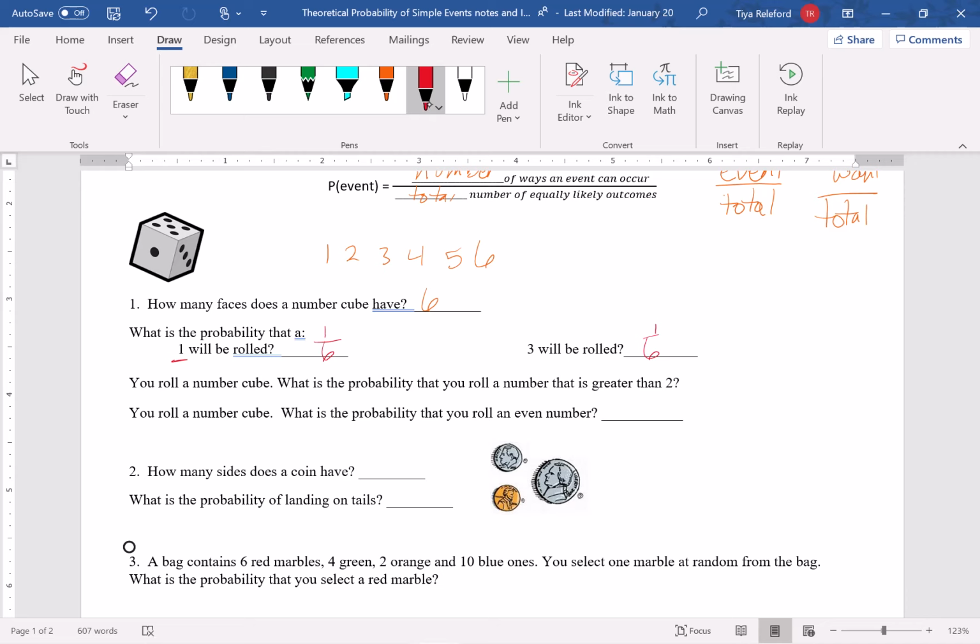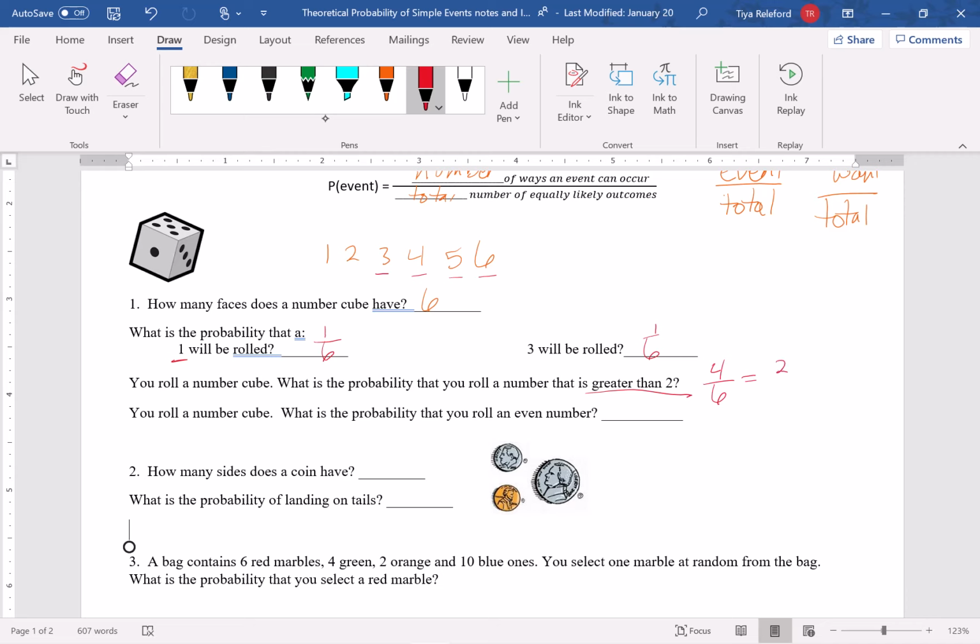Now it says you roll a number cube. What is the probability that you roll a number greater than 2? So now you're counting any number greater than 2. So that would be 3, 4, 5, and 6. So how many numbers are greater than 2? 4 out of how many total numbers? 6.